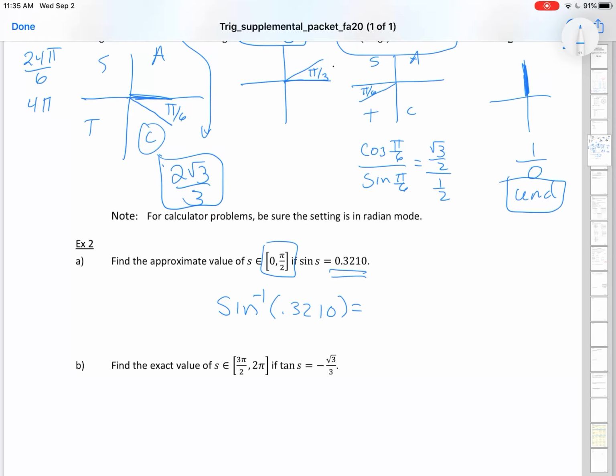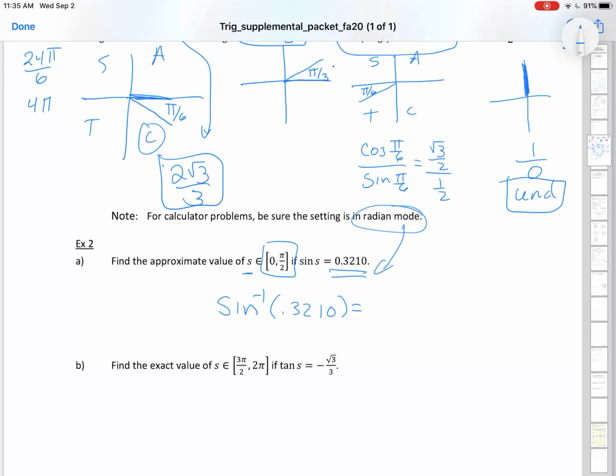So you'll find that button, and you'll take the sine inverse and make sure that you are in radian mode, right? Because that's what this says, make sure you're in radian mode if you're going to use a calculator, because they're wanting the solutions to be radians between 0 and pi over 2.